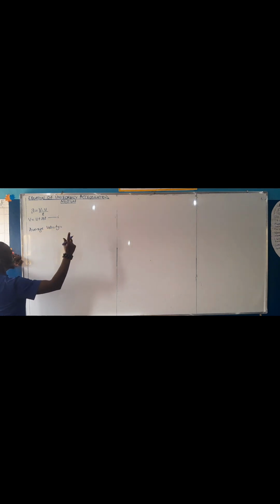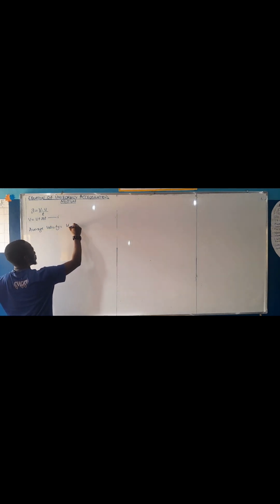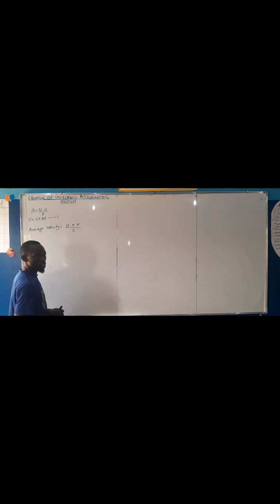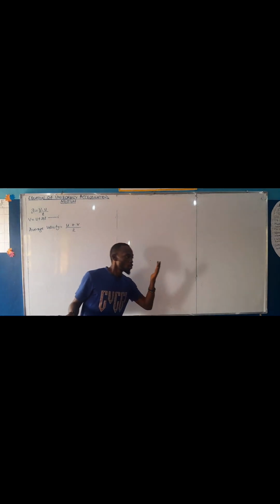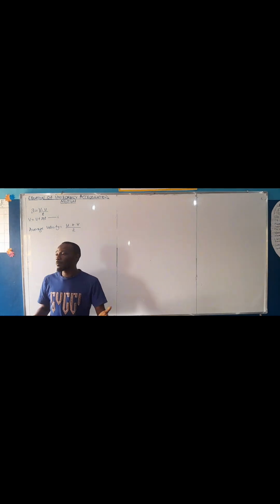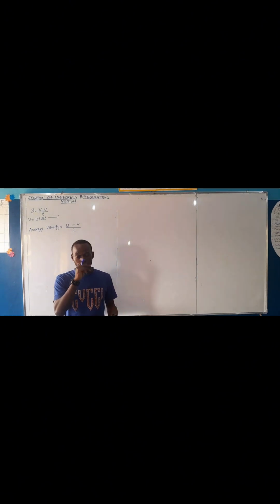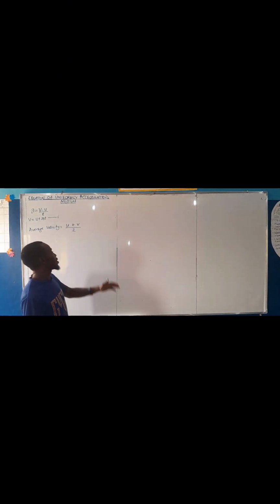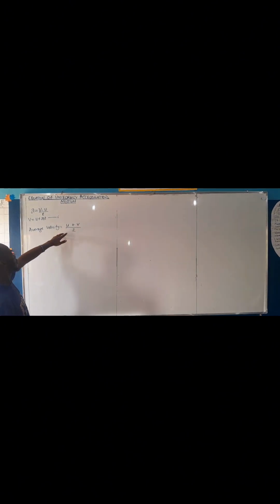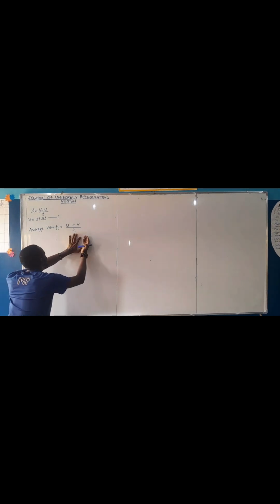We're talking about two velocities. That is u plus v over 2. I hope you know how average works. I can say I'm giving Tolu 4 and I'm giving Amina 5. What's the average? 4 plus 5 divided by the number of items there, which is 2. So we are having two velocities, u and v, and the average is v plus u over 2.